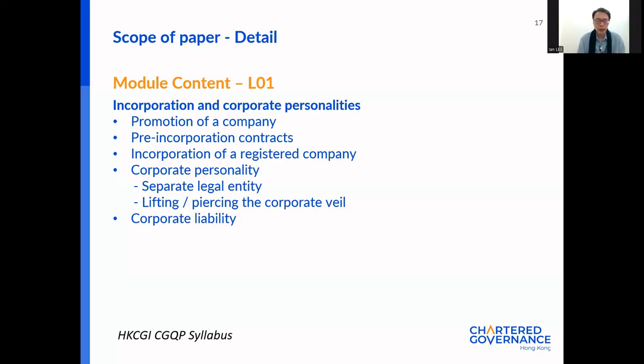Well, most likely we want to go after the individual. We want to go after, for example, the shareholders, the owners behind, who have personal assets. And if you do not have the separate legal entity, you don't have the difference between individual liability, personal liability, and corporate liability, they can go after you. So that's why it's important to have the differentiation, the separation between the two.